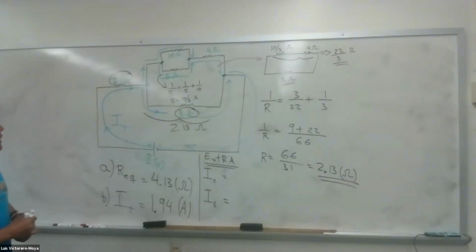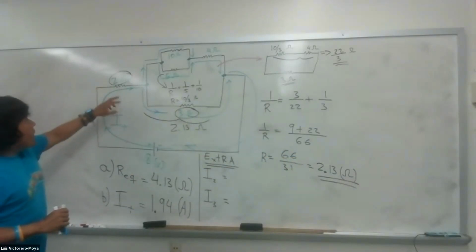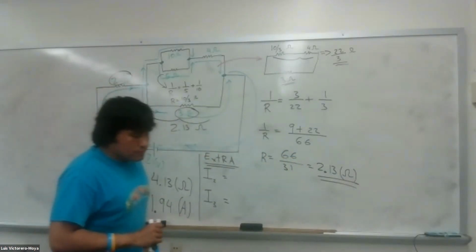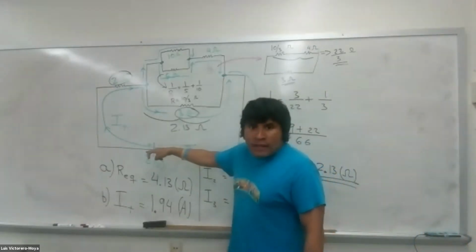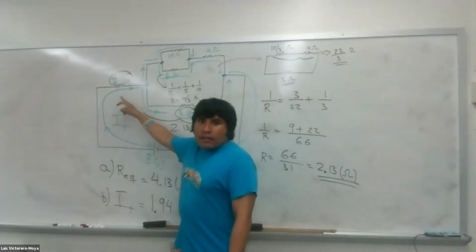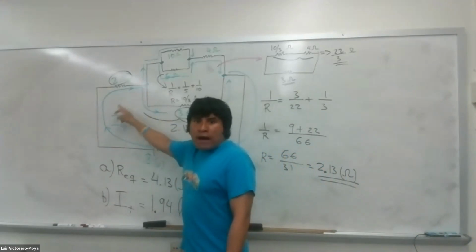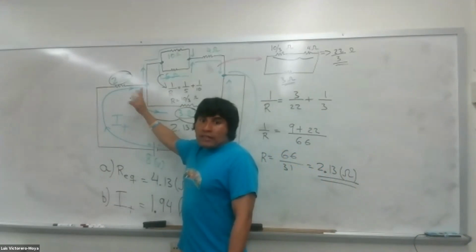So directly, what's the value of the current on 2 ohms? 1.94. Yes, very good, right? It's 1.94. Just if you look at the graph, at the lines I did, the total current is the one that is passing by 2 ohms. It doesn't split.